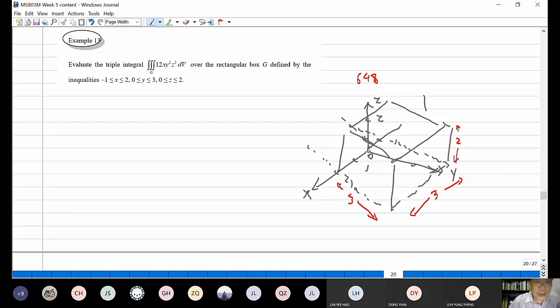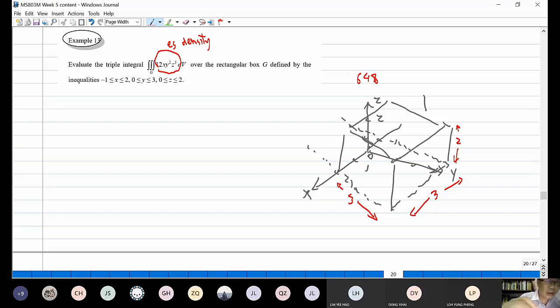Whatever they're trying to ask you, for example, this number here could mean, for example, if you interpret them, this could be density. So actually density times the volume of the small cube here. So in the end you find the mass of the whole thing, right?